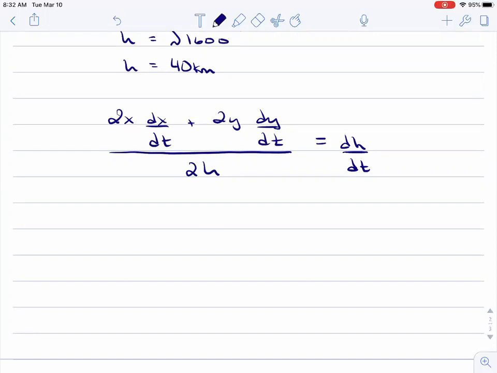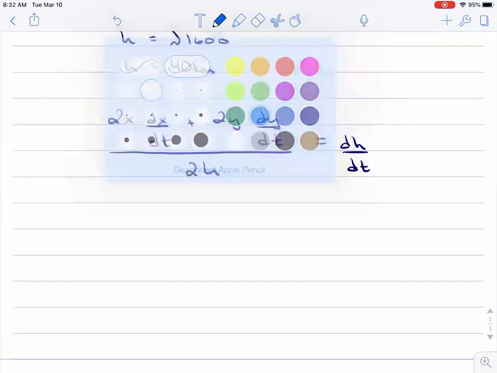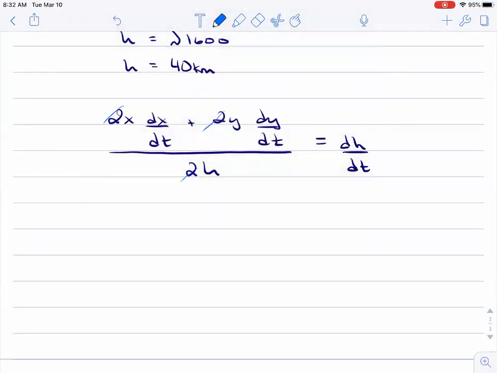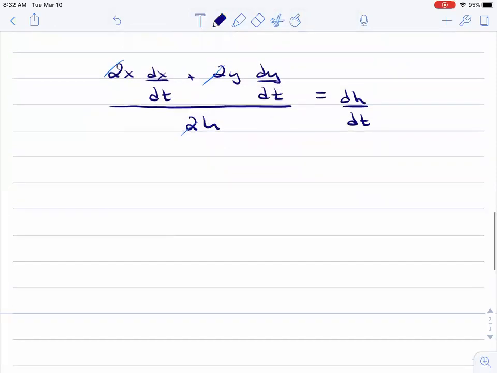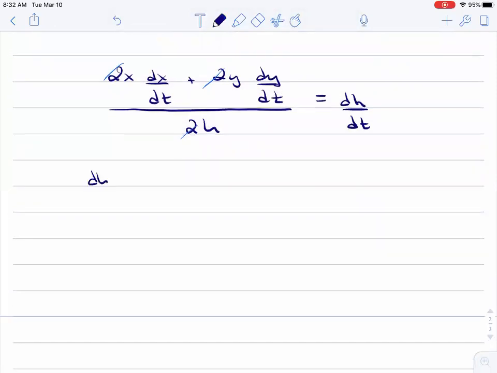Whether you cancel those 2's or you keep them, it doesn't matter. I'm going to pull out that common 2 so I don't have to deal with it.